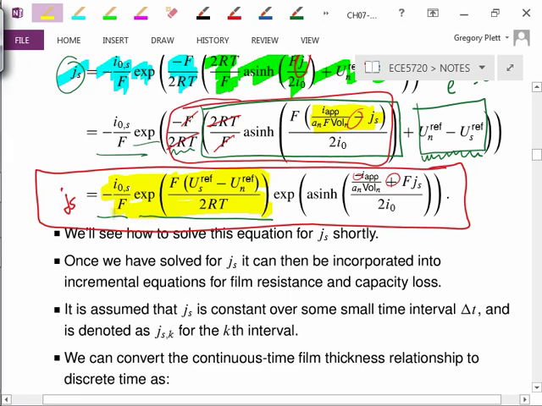Then we have here I naught. We said we would calculate based on assuming an initial equilibrium. So that is a constant. AN vol n is a constant, and F is a constant. So I'm left with Js that I'm trying to compute being a function of itself, which is a little unfortunate, and the cell applied current.